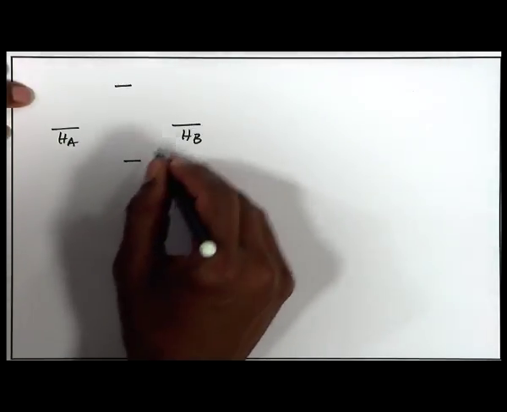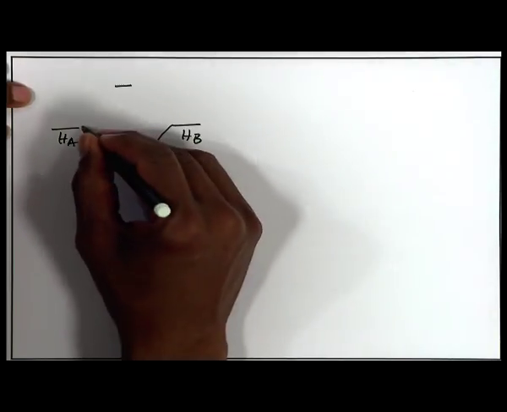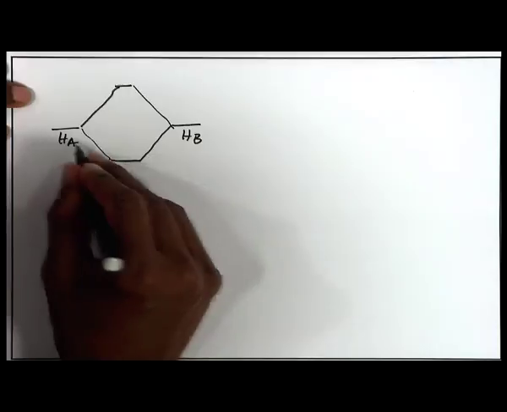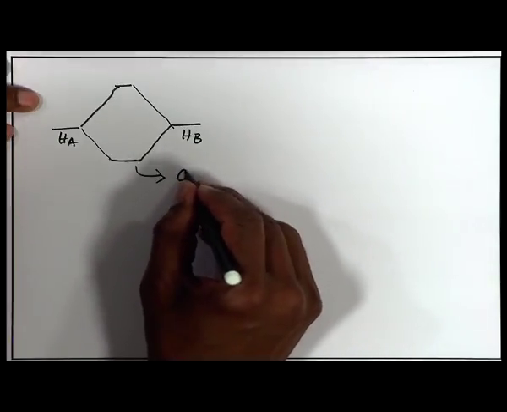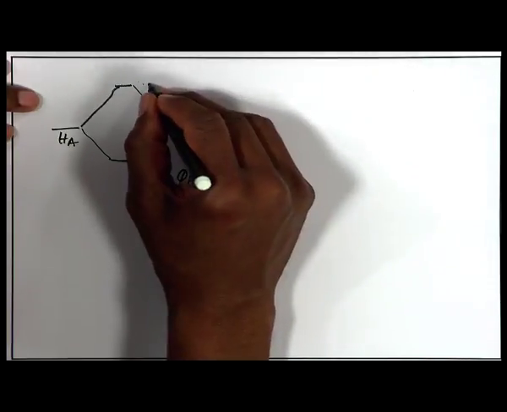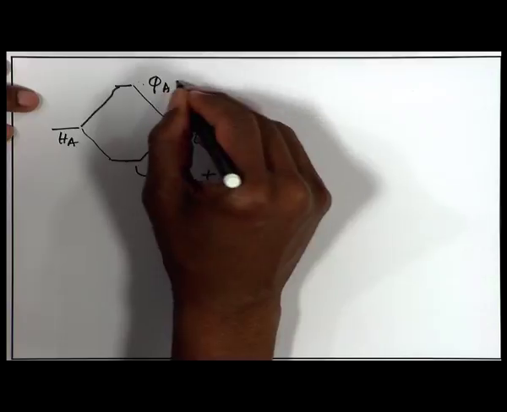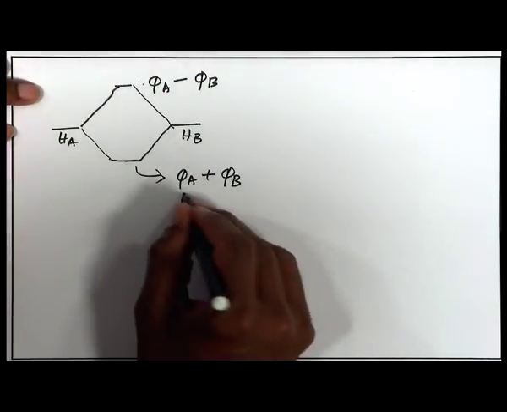These energy levels are the result of interaction between the two hydrogen atoms. So, this one is phi A plus phi B. This one is phi A minus phi B. So, this is bonding.